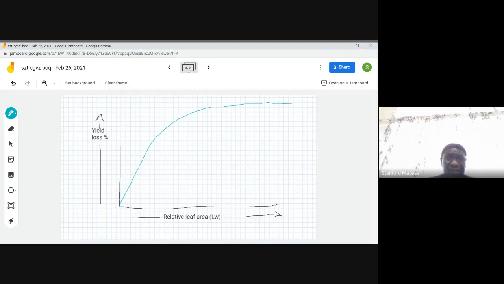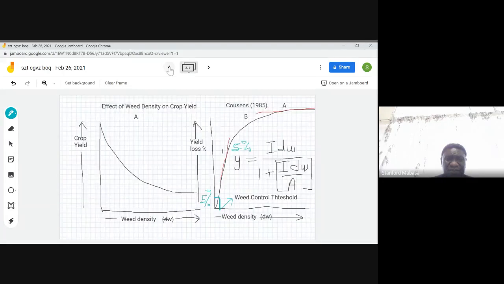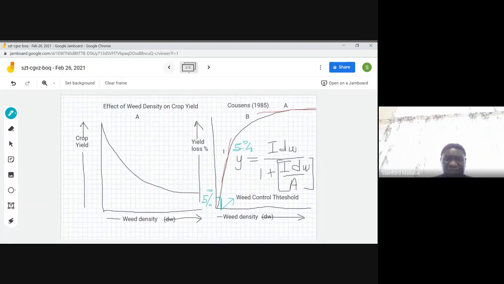This shape, we call it rectangular hyperbola. Both these curves.